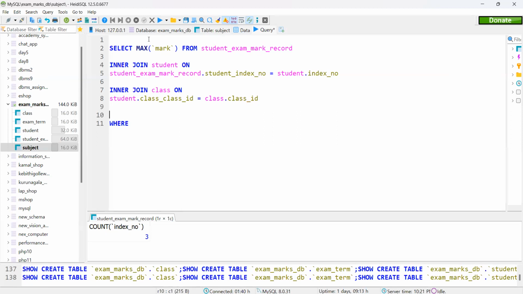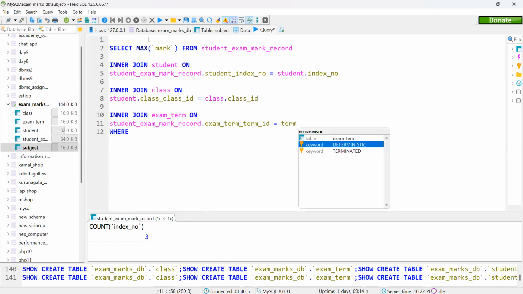we also need our term table in a join, our term table on student mark record term ID and term table term ID.